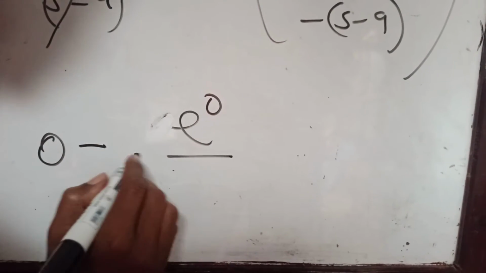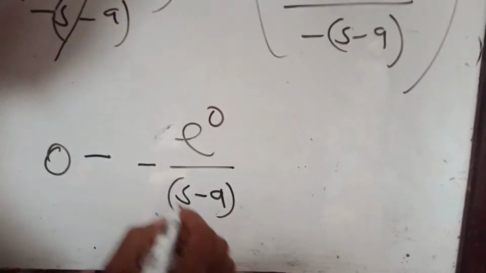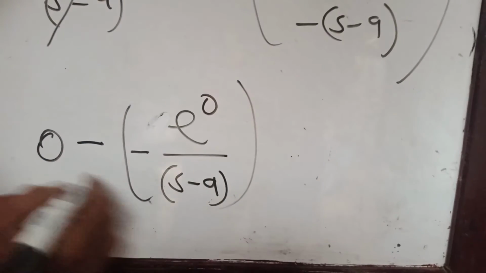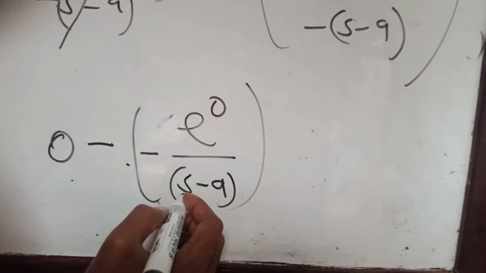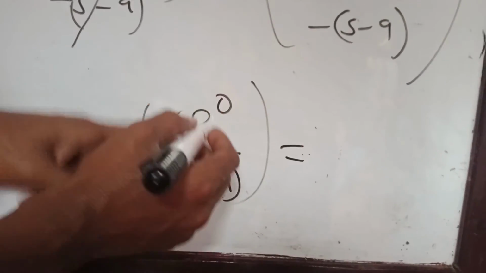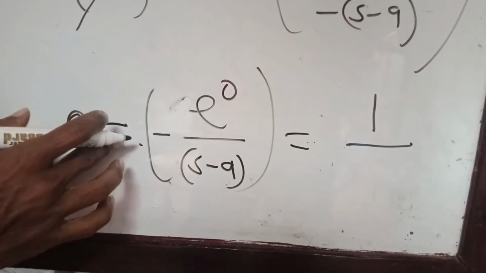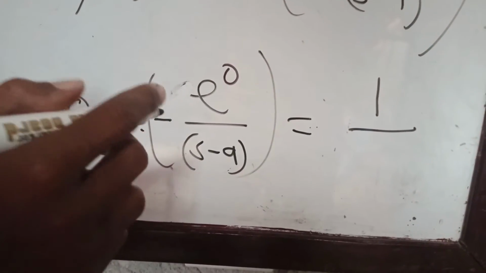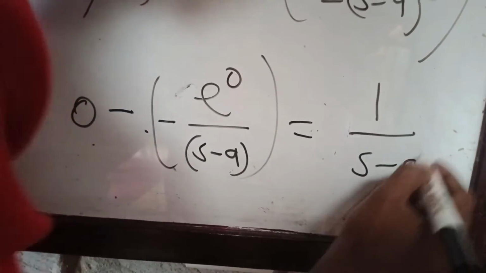So s minus a, so minus 0 minus e raised to 0 over s minus a, which is equals to, when we raise exponential to 0, we get 1. Remember that this is minus times minus, you get positive, that is a plus, so over s minus a.